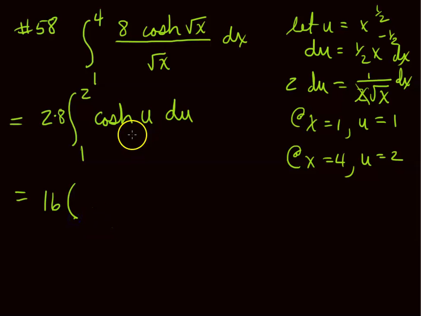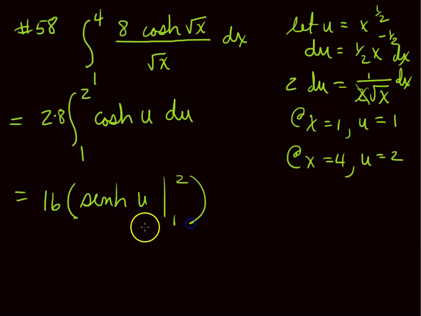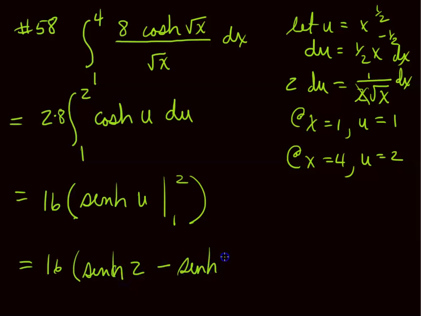16 times, what's the antiderivative of cosh? Sinh u from 1 to 2. So this is 16 times sinh 2 minus sinh 1. How far can I take this?